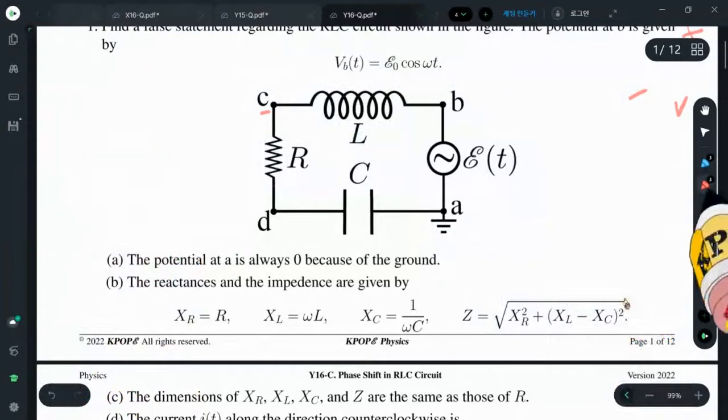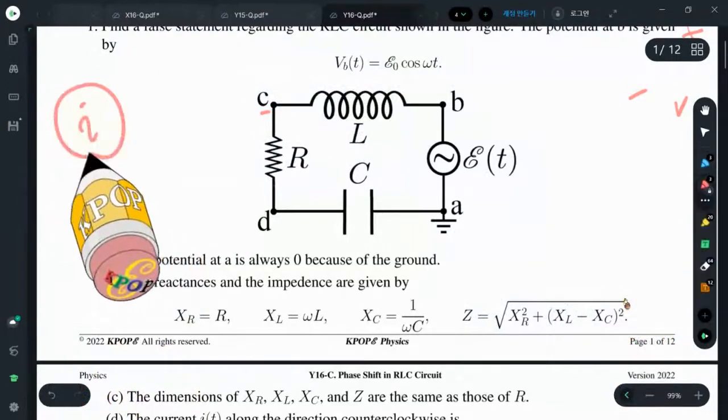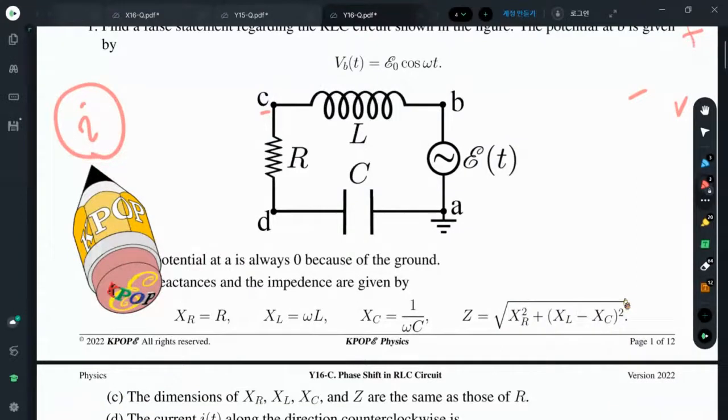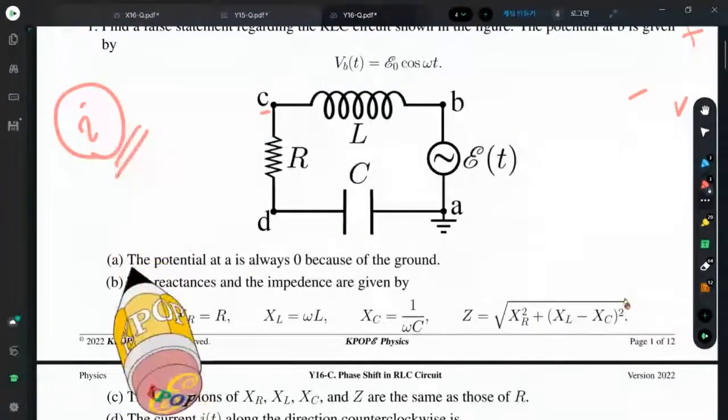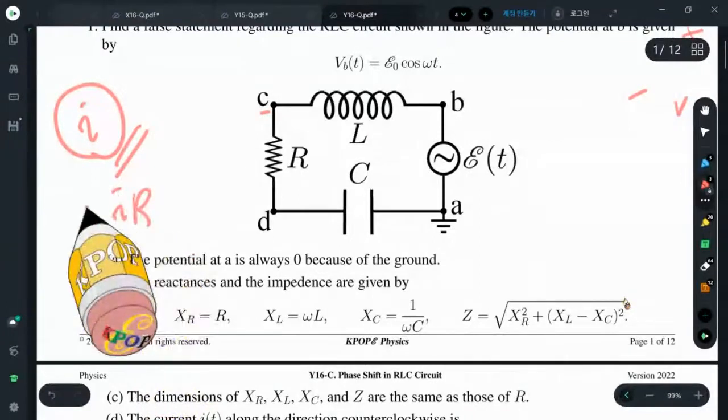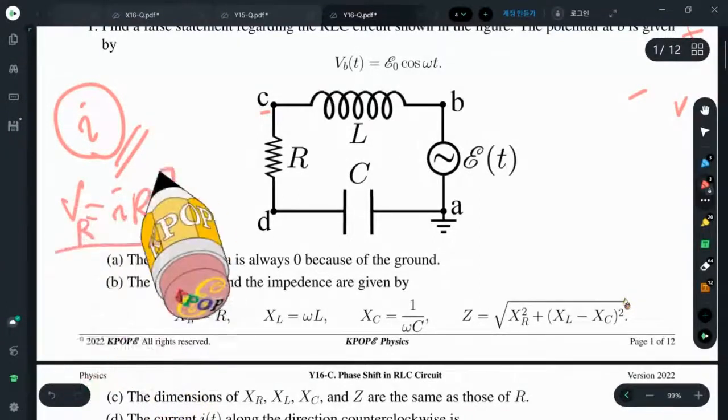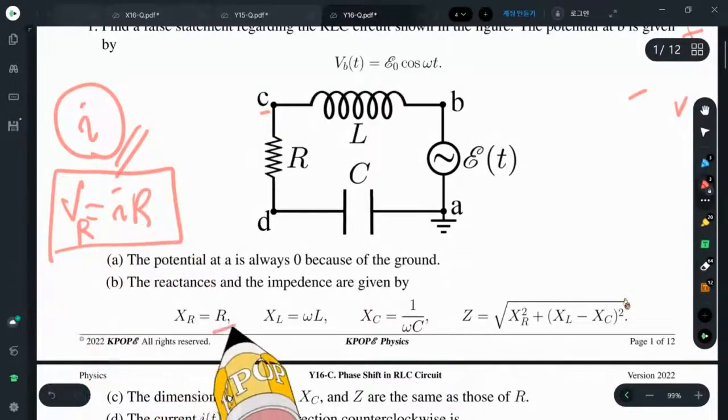So everything is based on the current. If you want to consider the current, VR equals IR. That means this is a real number.